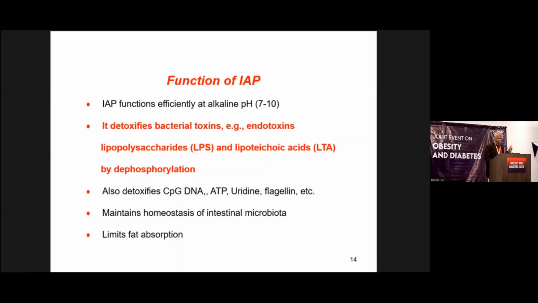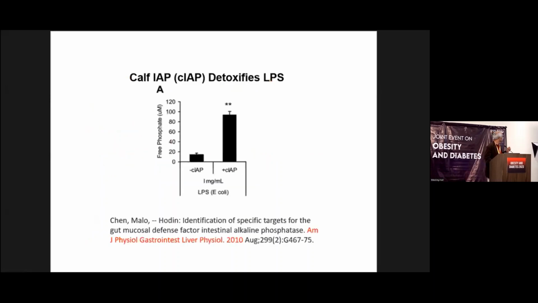So in 2010, I was working at Harvard with this enzyme, and we had mice deficient in that gene, the intestinal alkaline phosphatase gene.